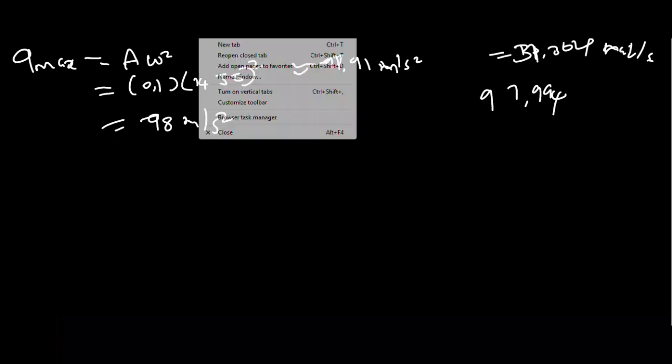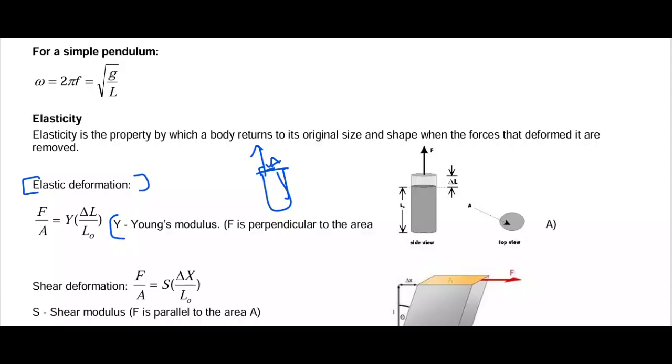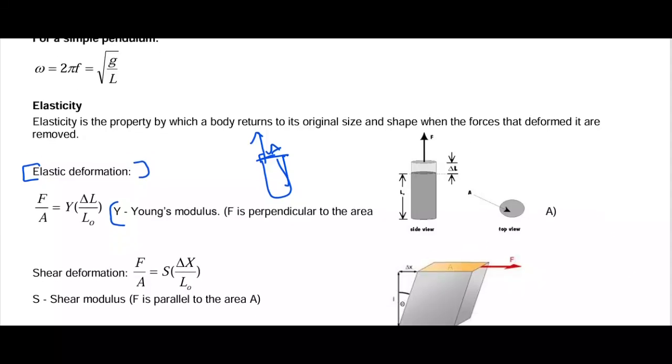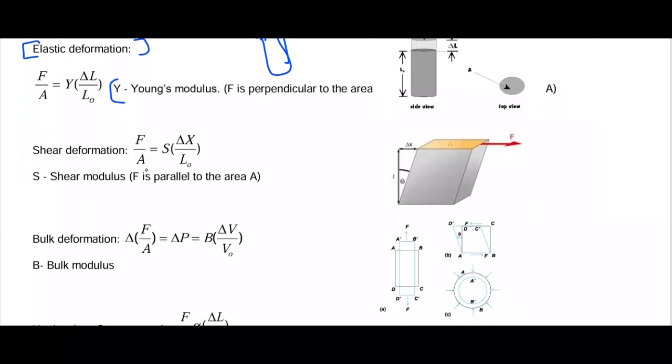From that point, we also have the shear deformation, the shear modulus, where the force is parallel to the area. Here we have our area, and here we have our force to the other side. Then we also have the bulk deformation.